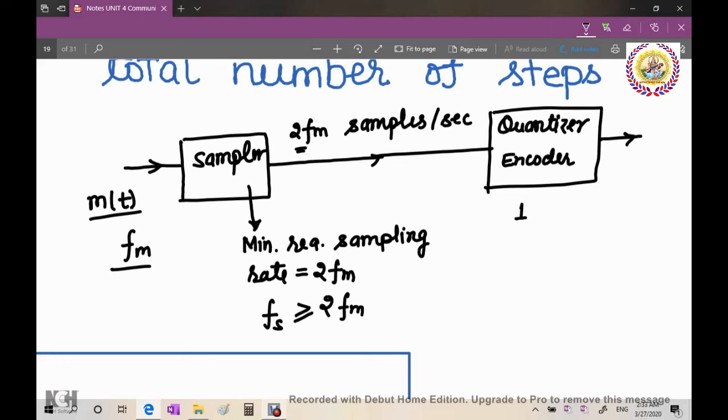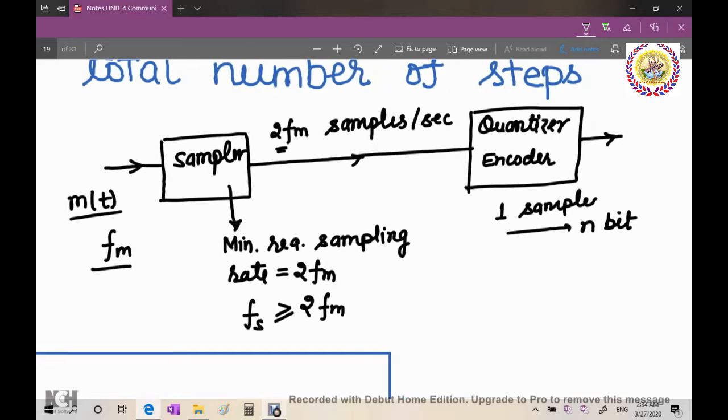In the previous example, we considered that one sample is converted into 3 bits. Now, the total number of steps the encoder can handle will be 2 to the power 3.